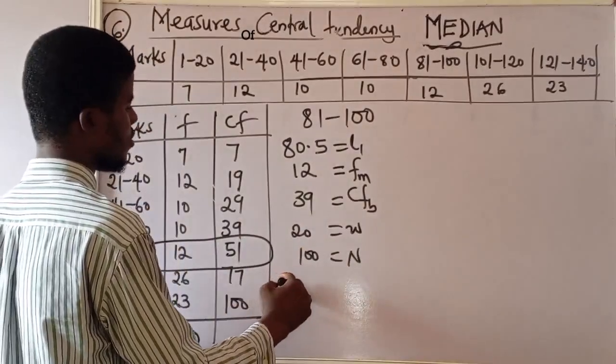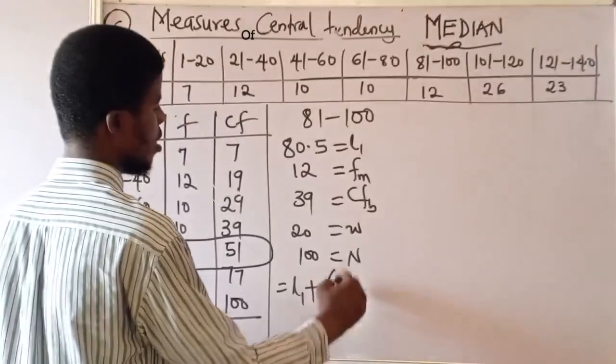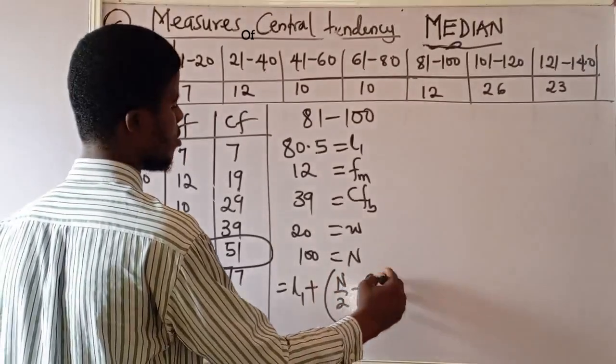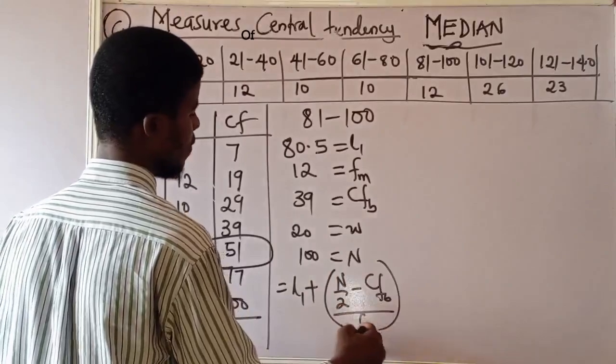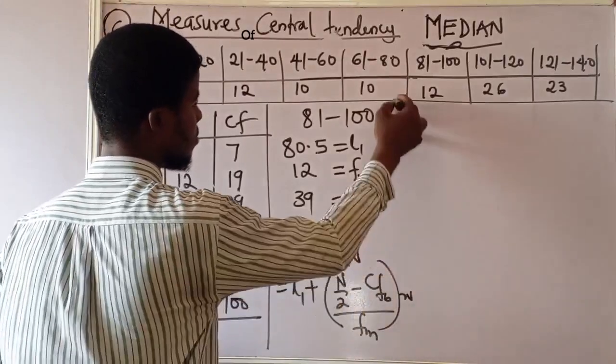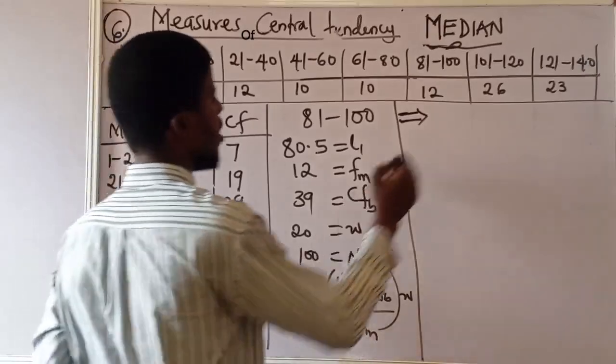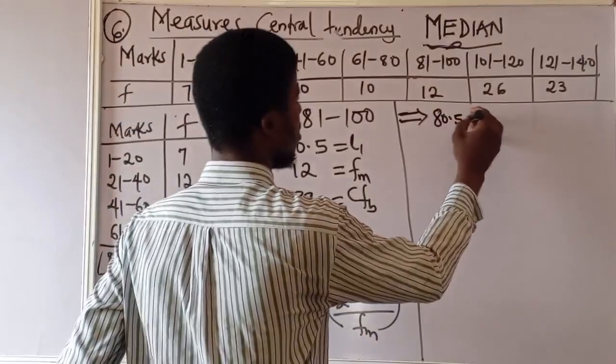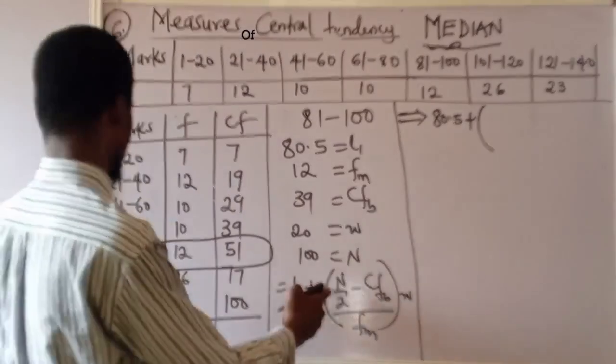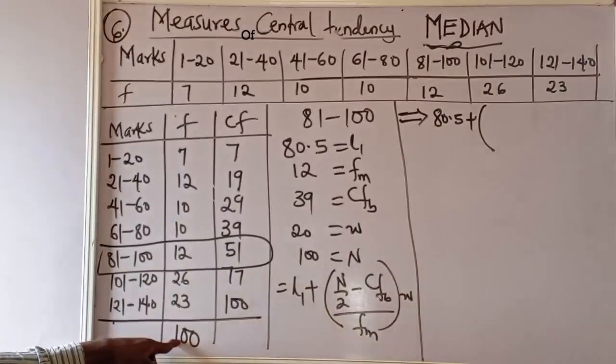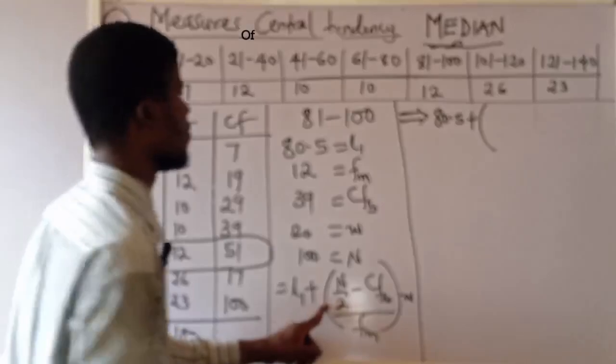And the formula says L1 plus N over 2 minus CFB all over FM times the class size. L1 is 80.5 plus N is 100 divided by 2, that's 50. So N over 2 is 50.